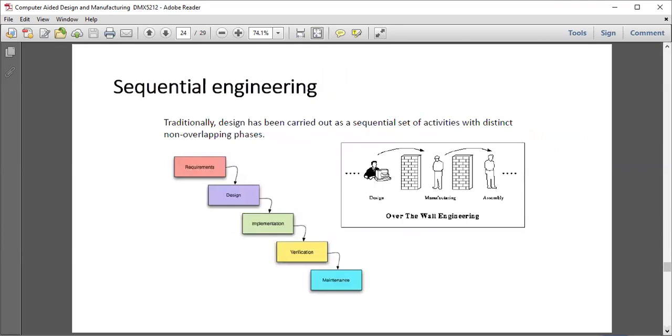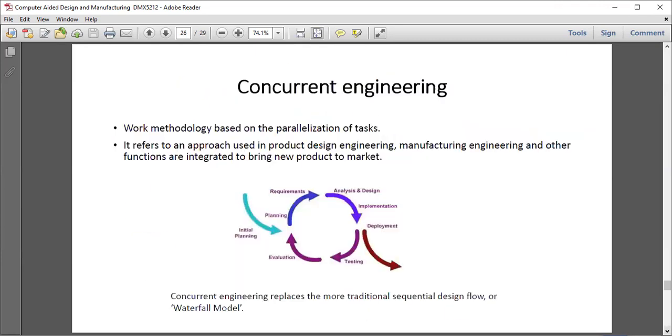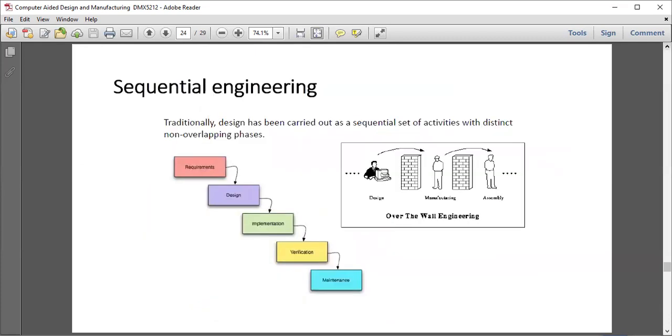And remember another term: sequential engineering and concurrent engineering. In modern days, we are trying to reduce the design and manufacturing time. Earlier, what was done, we identify the requirement or the problem, then we design it, and it's done by stages, stepwise. In a manufacturing facility, these are different departments.